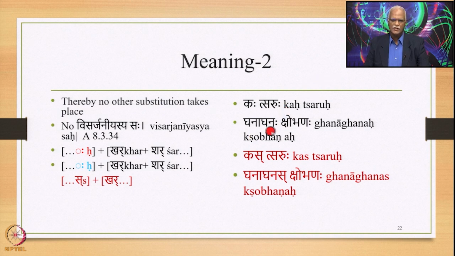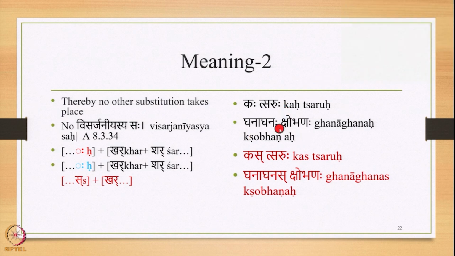Similarly, ghana ghanaha kshobhanaha. Here we have a Visarga followed by ka, followed by sh. So this can be described as sh, which is khar, which is following ka, which is khar. So this is shar para khar, and this is preceded by a Visarga.